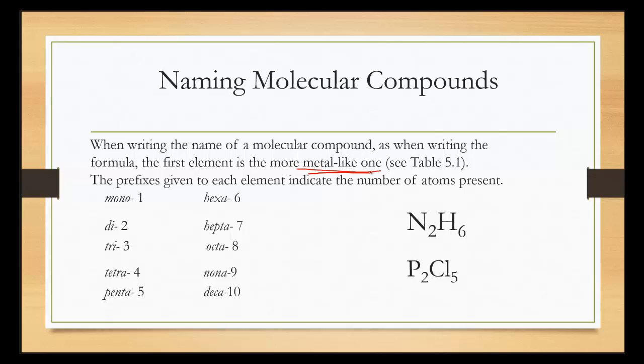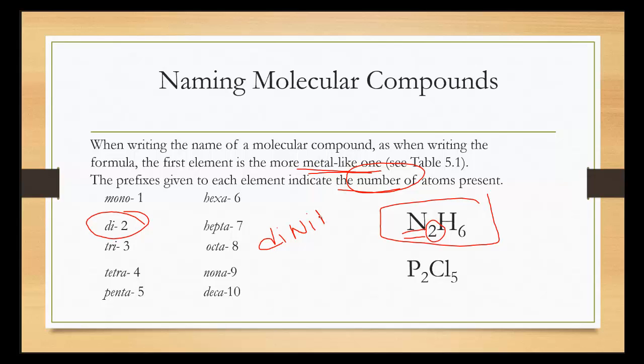The prefixes given to each element indicate the number of atoms present. So here we have N2H6. That 2 means di. So di for the prefix. N is for nitrogen. 6 is hexa.